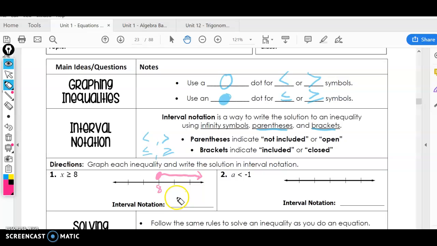The lowest part is 8, and since it has a closed circle, that's a bracket. And then the biggest number that it goes to, you write infinity because it does not stop. And whenever you see infinity, you always put a parenthesis because you can never have a closed dot on infinity. You can never reach infinity.